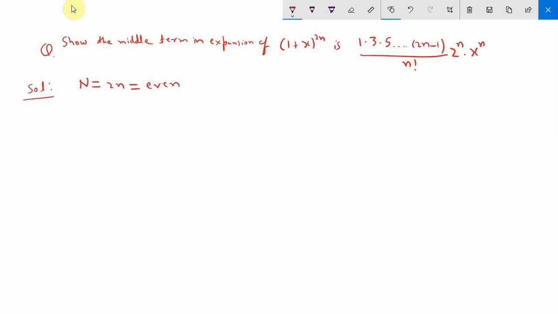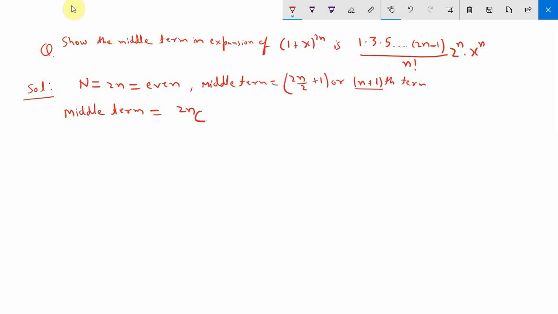Which term will be the middle? The middle term is equal to 2n by 2 plus 1, or the (n plus 1)th term. In this case we have 2n C, and the (n plus 1)th term we have to find.